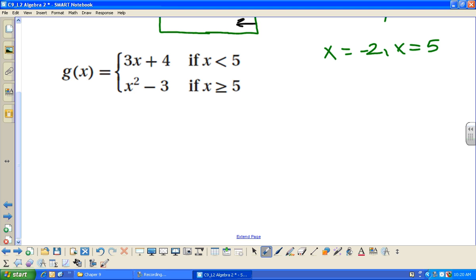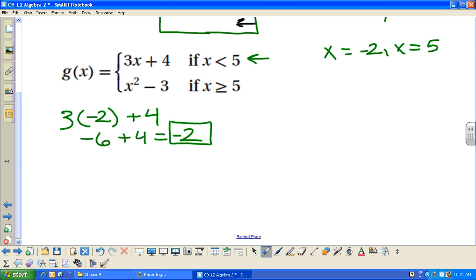So -2 is less than 5. So I use the first equation. So my first equation is 3, and instead of writing x, my x was given, it was -2 plus 4. 3 times -2 will give me -6, plus 4 will give me -2. So this would be my first answer for when x is equal to -2.